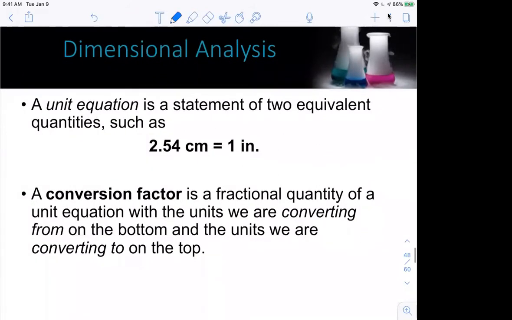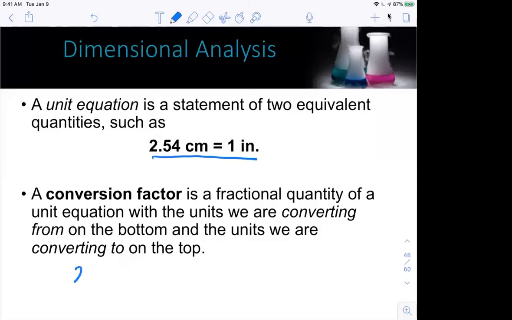A unit equation or an equivalency statement is the relationship which identifies the same thing. So 2.54 centimeters is the same thing as 1 inch. A conversion factor is going to be a fractional quantity. I can always derive 2 conversion factors from every unit equation or equivalency statement.